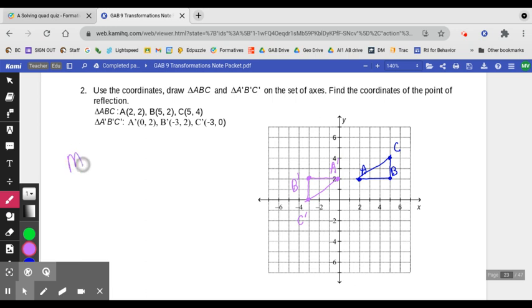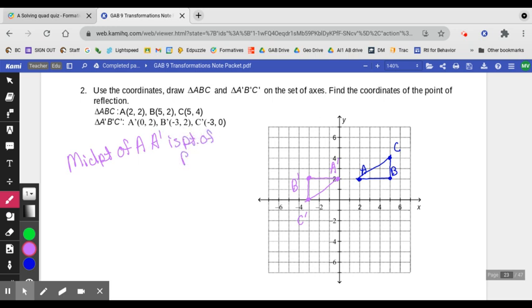So the midpoint of A to A prime is the point of reflection. So I can use any of them. If I use A to A prime, that's fairly simple. It's 1, 2. I could also do C to C prime.